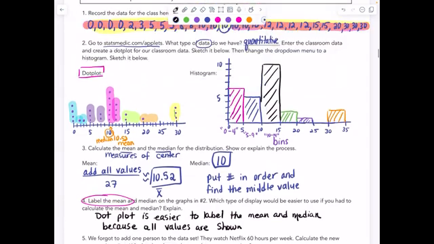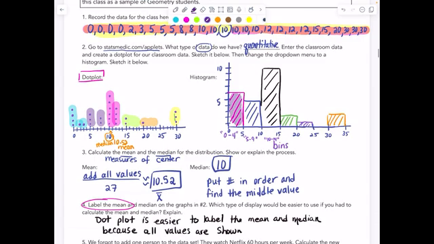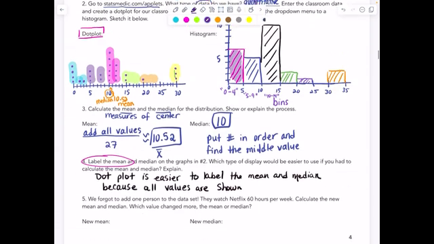Versus in a histogram, you don't know exactly. If you were just presented with a histogram, if we simply take this first bin, I know it's numbers of 0, 1, 2, 3, and 4, but we don't know, unless we have the list, that there are 4 zeros.